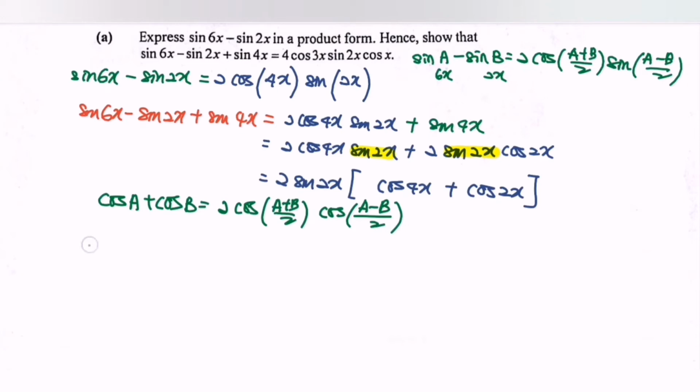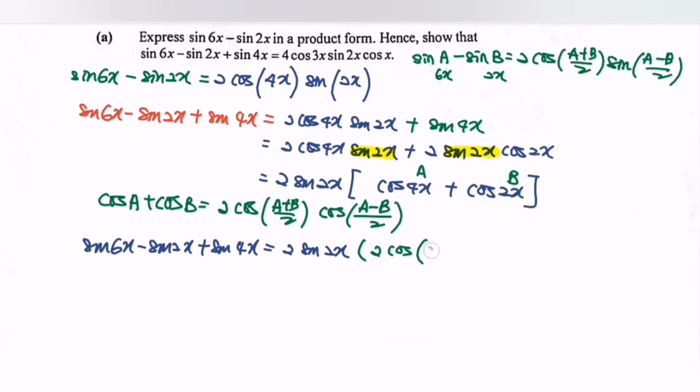Sine 6x minus sine 2x plus sine 4x is equal to 2 sine 2x multiplied by, here we have A, here we have B, 2 cos bracket 4x plus 2x divided by 2, so we will have 3x. Multiply with cos bracket A minus B, which is 4x minus 2x, 2x over 2, so we have x.